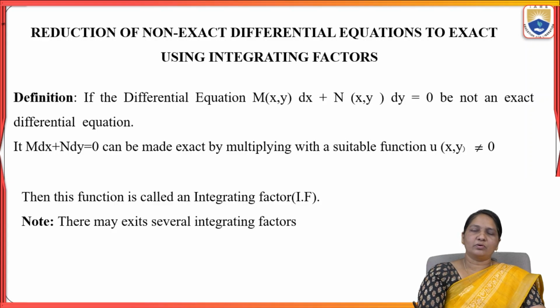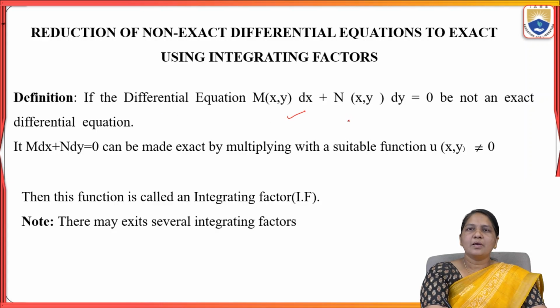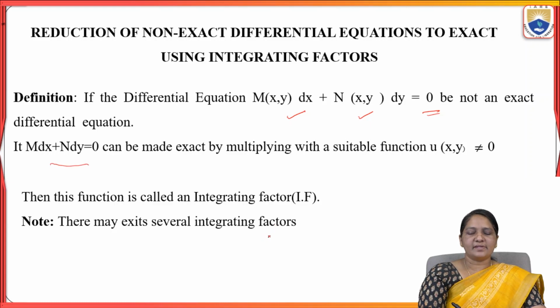I just want to recall it once. If the differential equation M(x,y) dx plus N(x,y) dy equal to 0 is not an exact differential equation, then M dx plus N dy equal to 0 can be made exact by a suitable function u(x,y) not equal to 0.